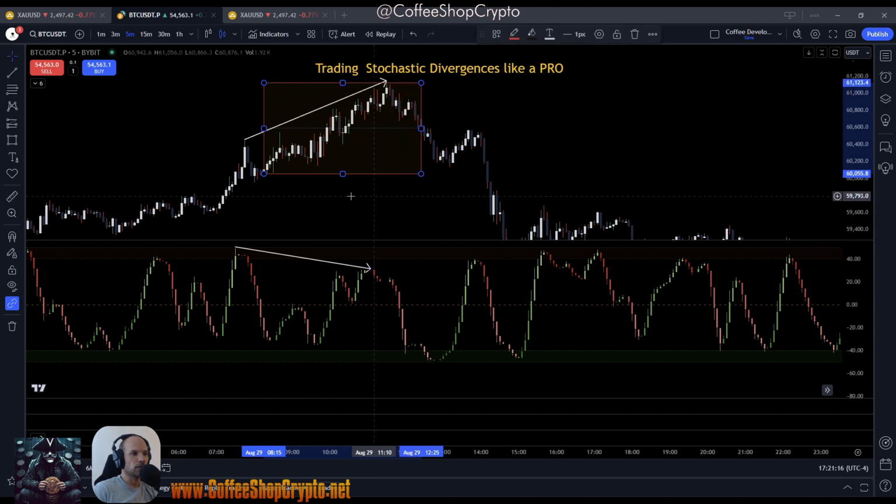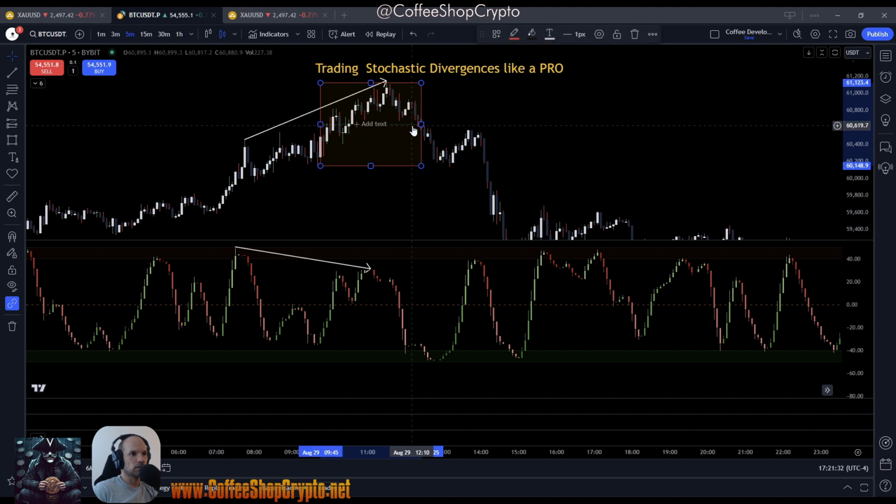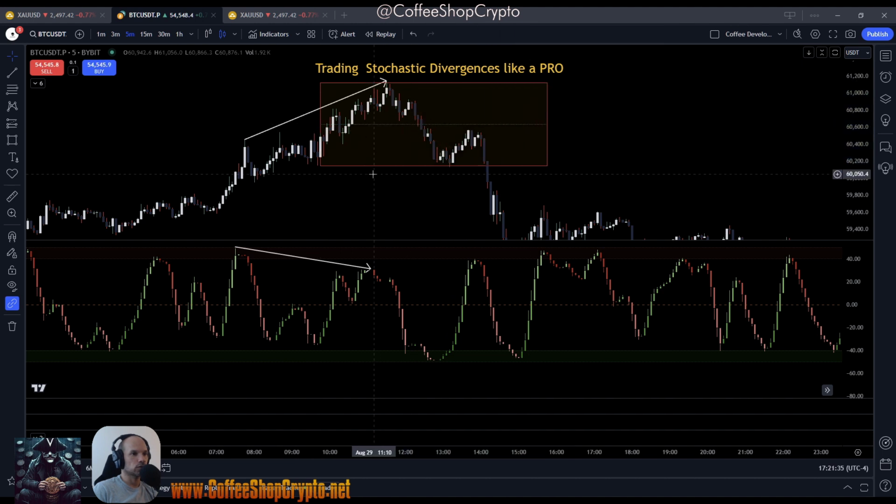There you go, right? But you're still working off of the lowest point. You want the lowest point of the momentum. So that's no longer here. Now that's here, right? So let's kind of drag that up here. Move this in. This is going to be where you want to take your shorts when price breaks this level and momentum is on a sell side, right?